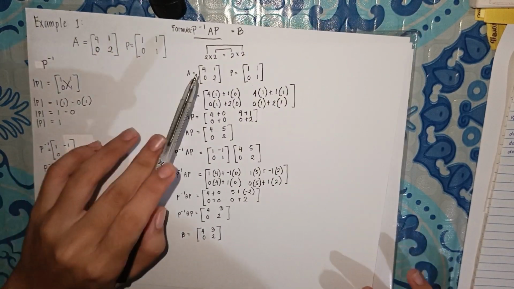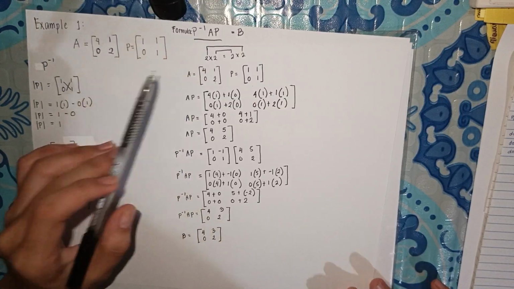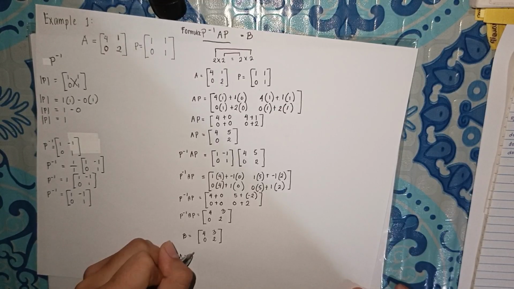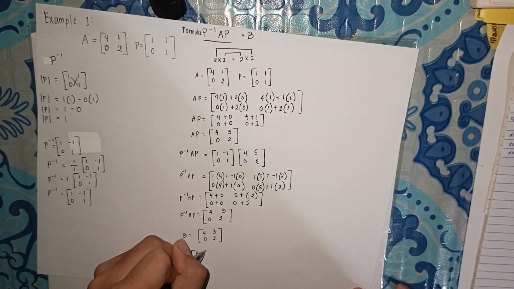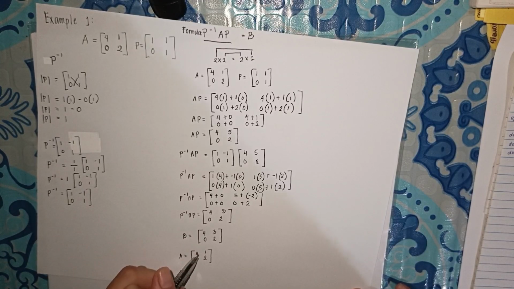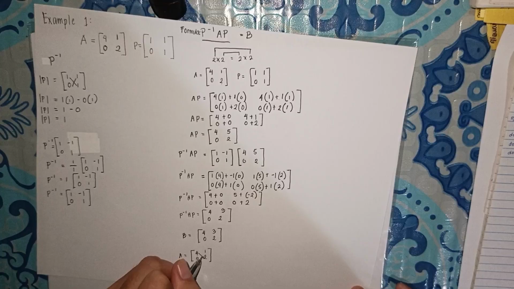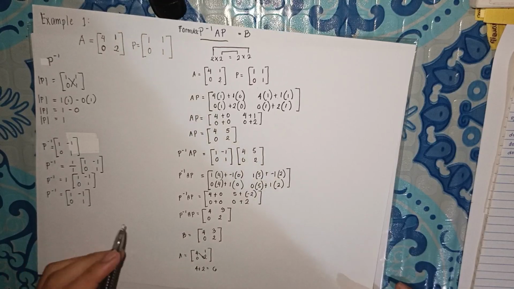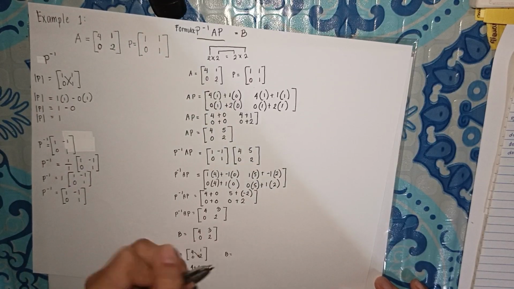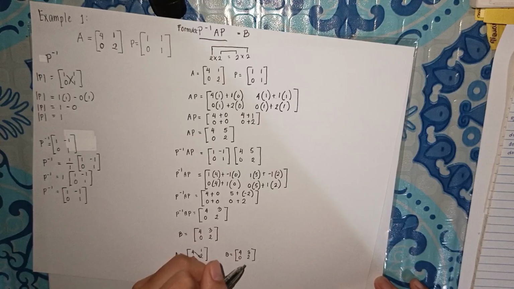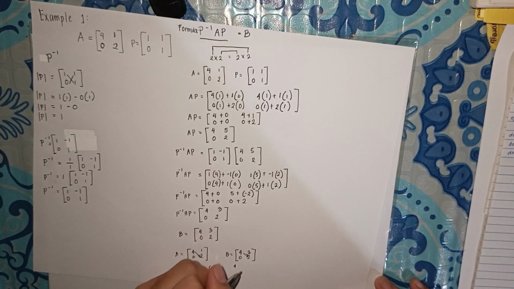So, let's add their diagonals. Matrix A, which is 4, 0, 1, 2. Let's add the diagonal. So, 4 plus 2 is 6. Then also the B, 4, 0, 3, 2. 4 plus 2 is equal to 6.